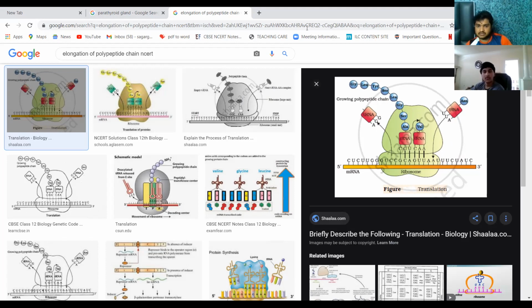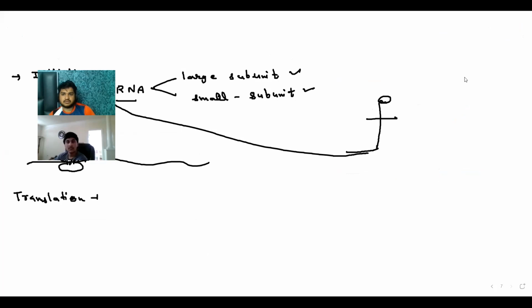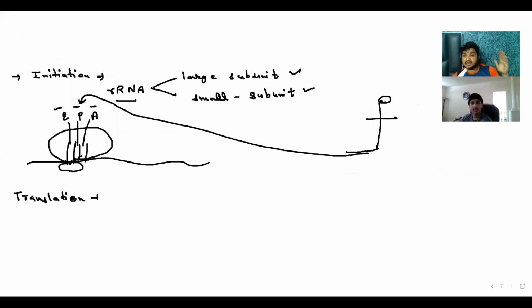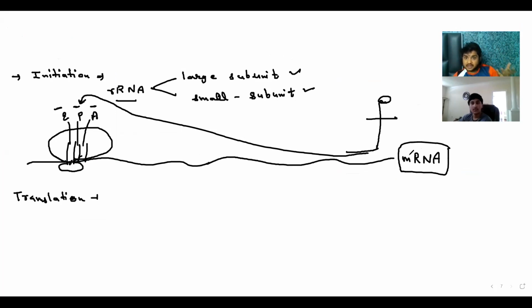The mRNA is important in both transcription and translation. I said messenger RNA is important. The mRNA is coming out of the transcription, and everything is happening on the mRNA, because this mRNA has the code of the DNA, taking out the information from the DNA.